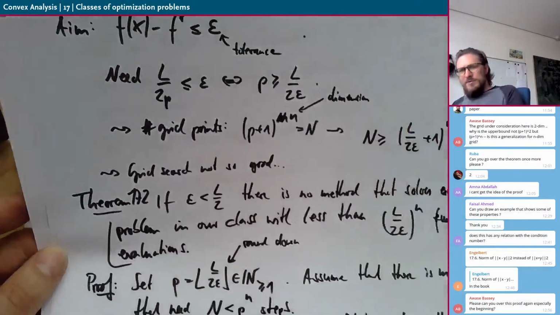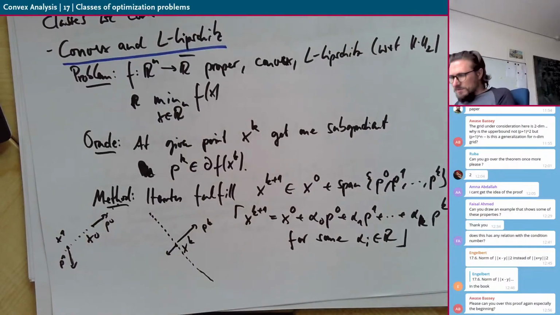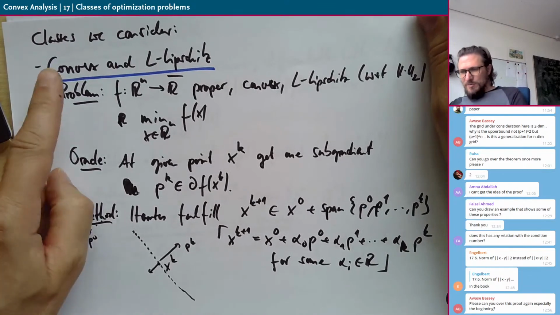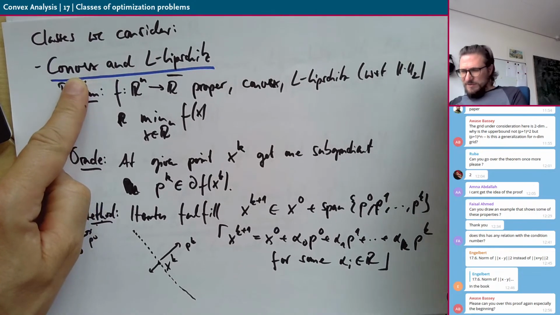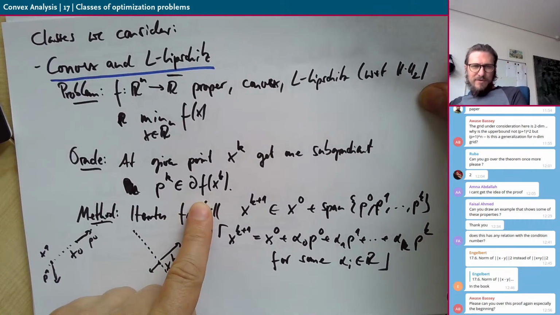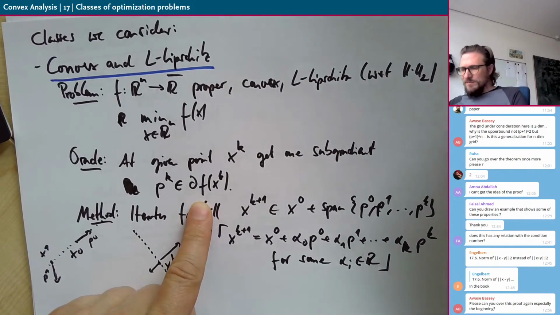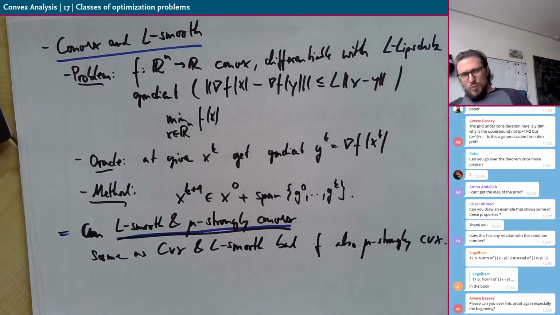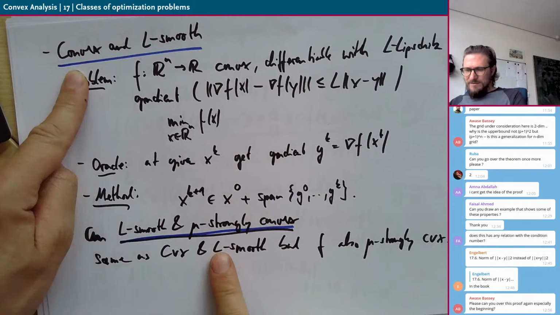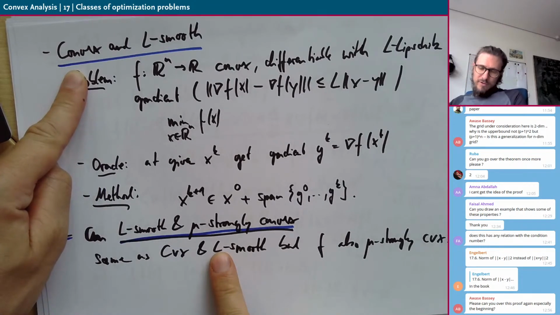After we did that, we introduced the problem classes which we are going to analyze in the next lectures. In the first lecture, we talk about convex and L-Lipschitz functions, and we will show that the subgradient method is actually the best you can do in some sense. Then we will consider 2 more classes, convex and L-smooth, and convex, L-smooth, and also strongly convex.